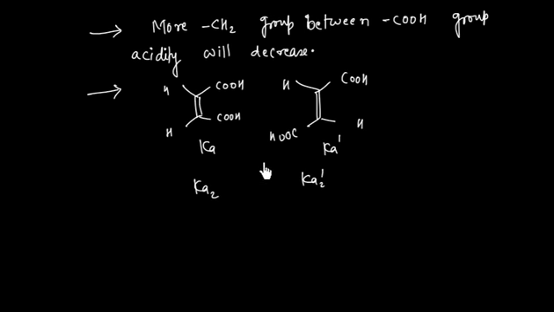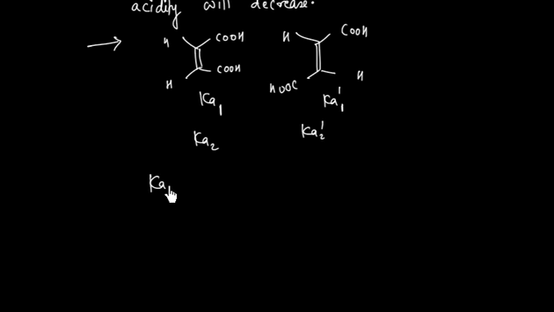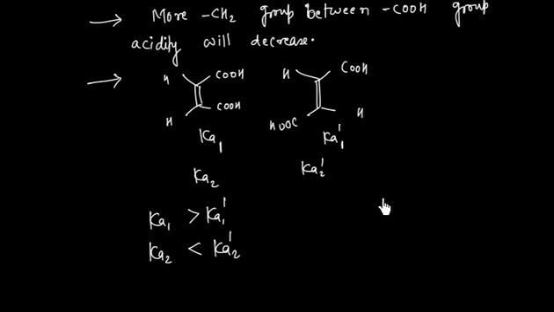So we said the first ionization constant, so this is Ka1, this is Ka1 dash. The first ionization constant for cis is more, because after loss the corresponding conjugate anion will form hydrogen bonding. So Ka1 is greater than Ka1 dash, but the reverse is the case for the second ionization constant.